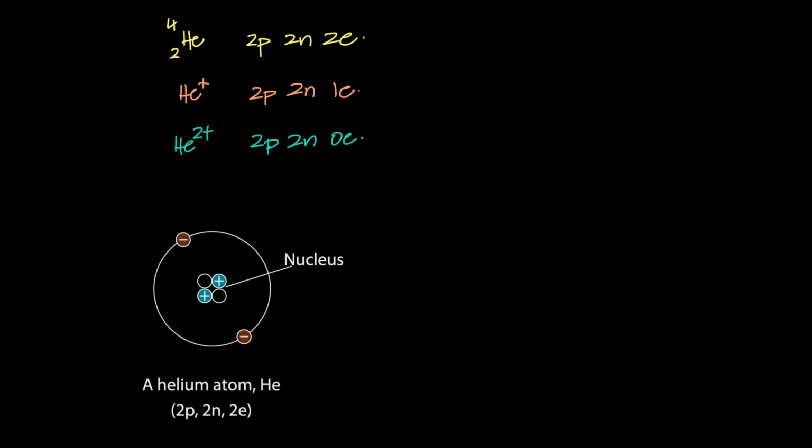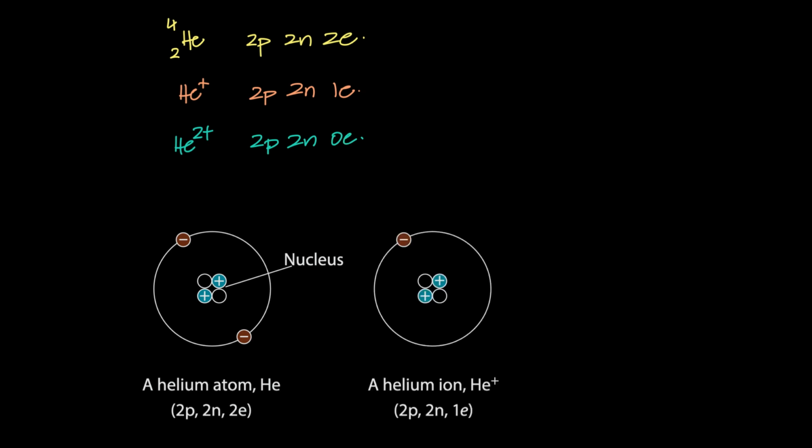Right now I just need you to understand that it can happen. Just acknowledge that if somehow I were to kick out this electron or this electron, I can make this into a positive ion by kicking out one of the 2 electrons. And if I do that, it'll look like this. Imagine the second particle right here. This is 2 protons, 2 neutrons, but I've kicked 1 electron out. So it's got only 1 electron left.